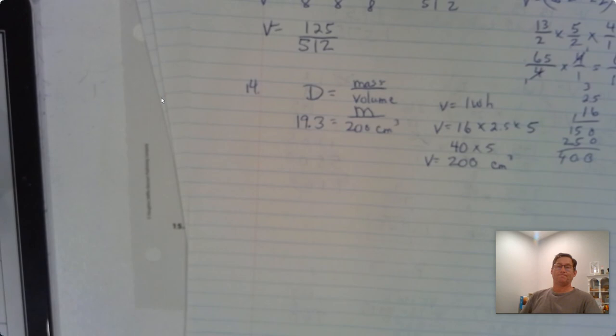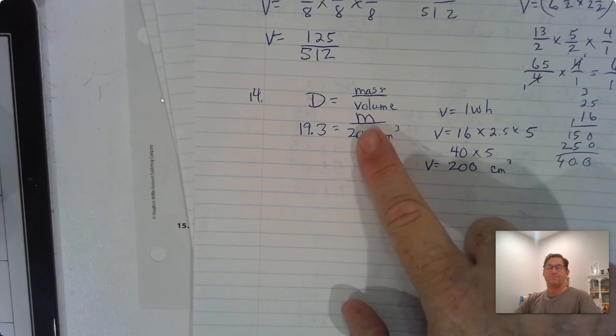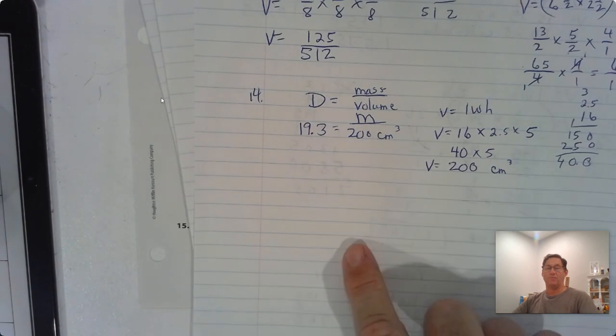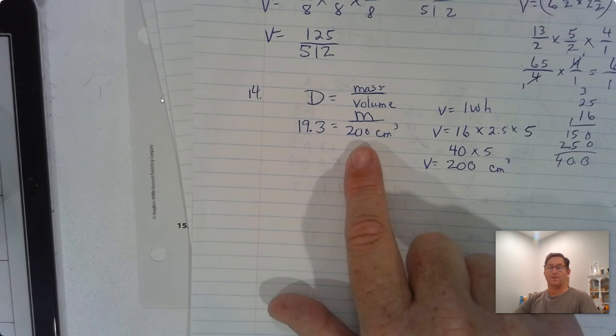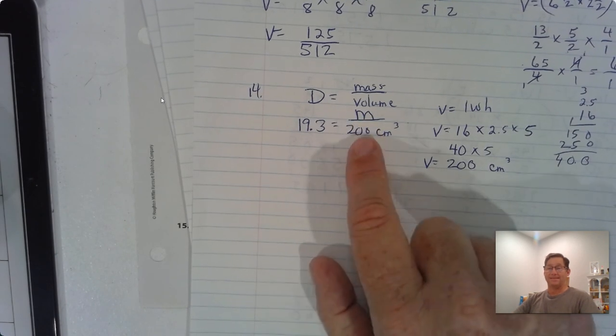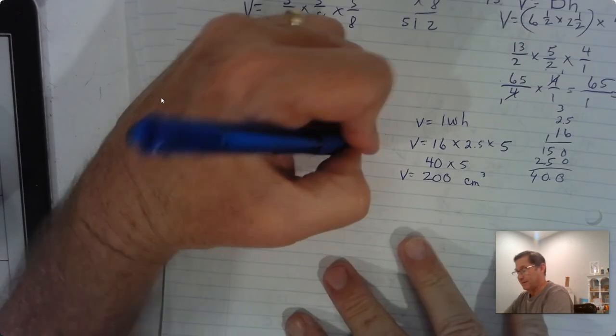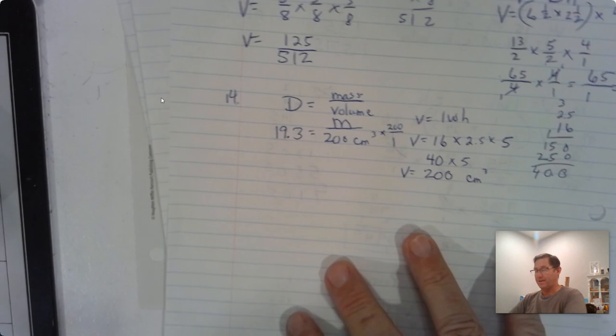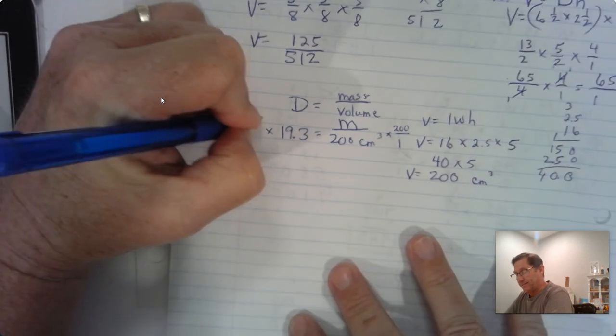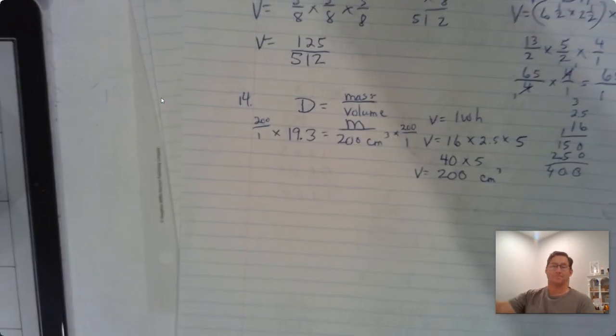All right, so we have to get the variable m by itself. Well, right now it's being divided by 200. So to eliminate the denominator, let's multiply by 200 over 1 and do the same thing to the other side.